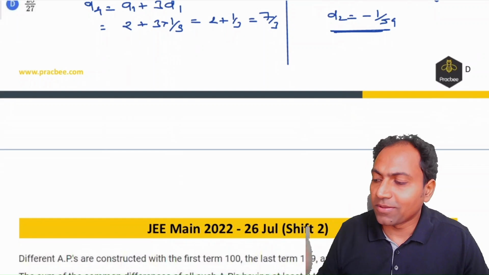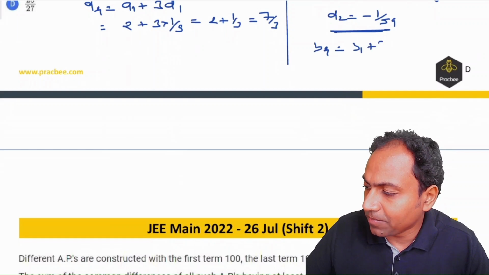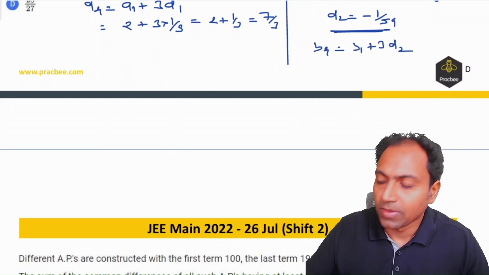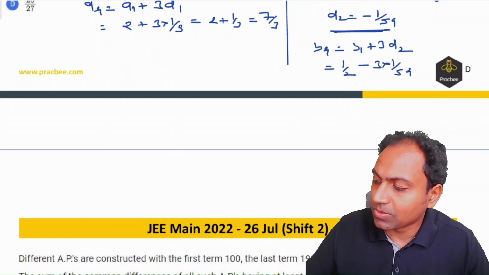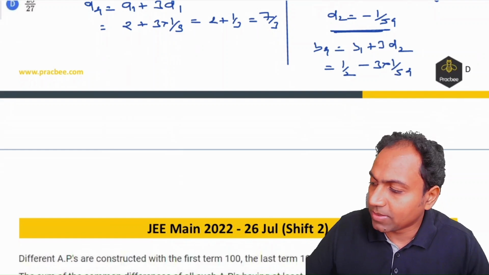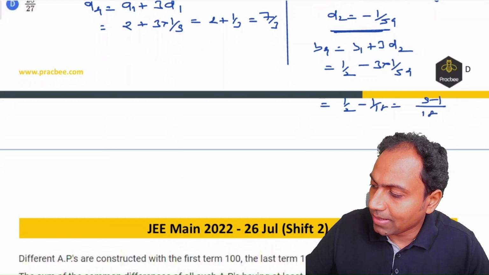Now once you have got the value of D2, we can find the value of B4 as B1 plus 3 times D2, and B1 was 1 by 2, and D2 has come out to be minus 1 by 54. If I simplify this, this becomes 1 by 2 minus 1 by 18, that is 9 minus 1 by 18.